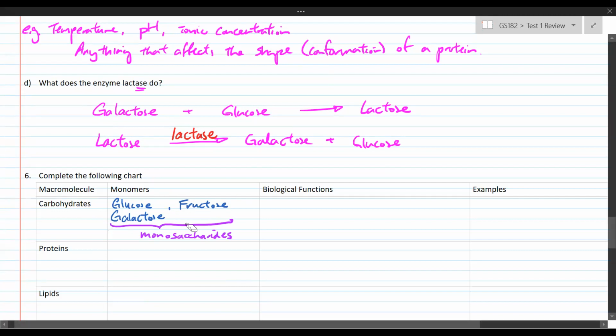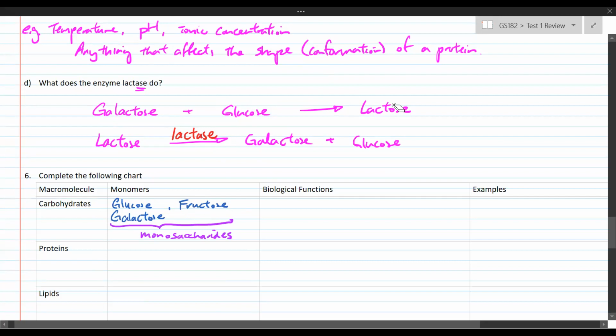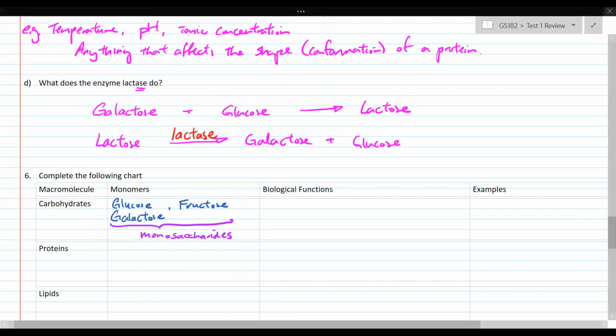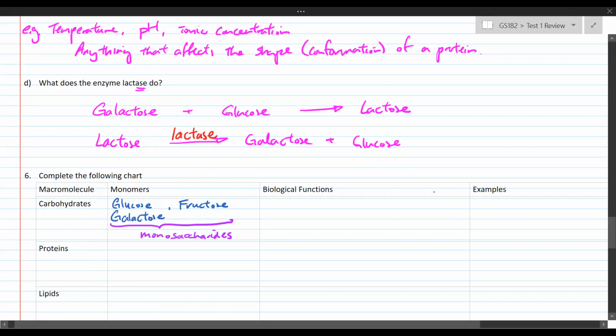Now you can, of course, put these together. I'm not going to write them out again, but glucose plus glucose gives you maltose, glucose plus fructose gives you sucrose, and glucose plus galactose gives you lactose. And you can make them even longer, and when you do, you get the polysaccharides.